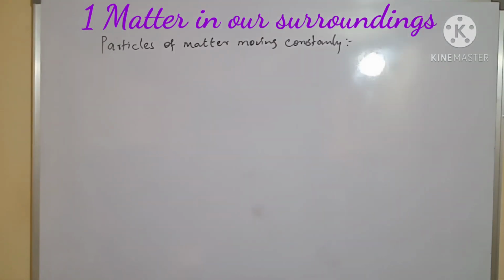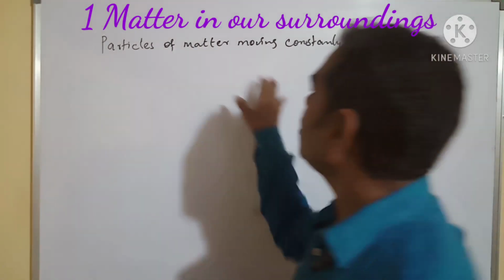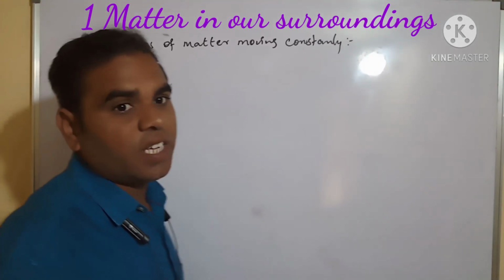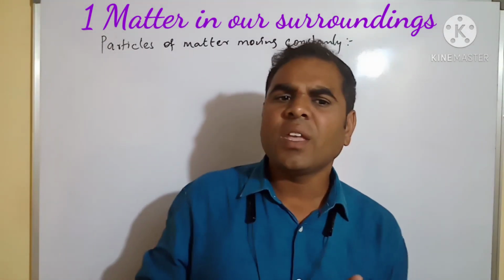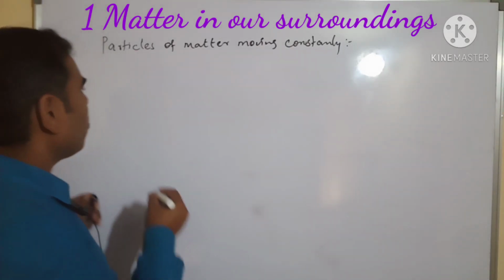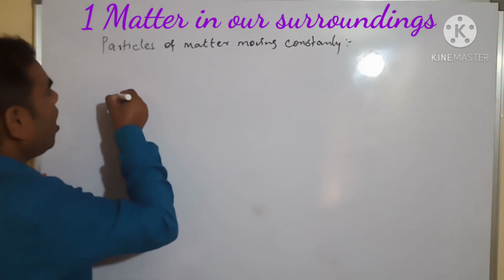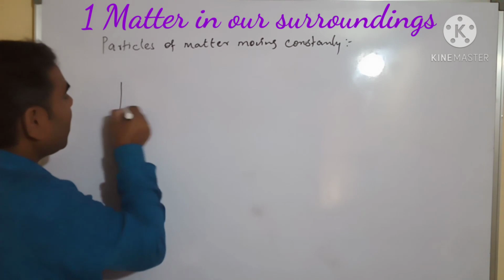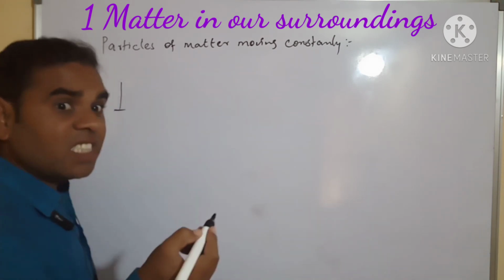Okay, what's next? Particles of matter are moving constantly. See this particle, for example, at your home, in front of our god, there is burning of the candle, burning of the incense stick. See what will happen?